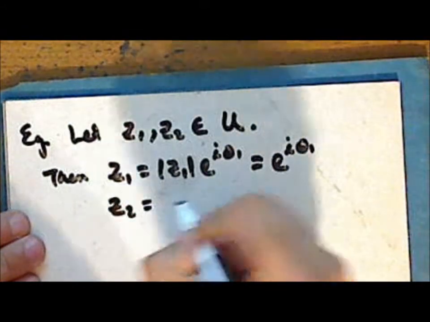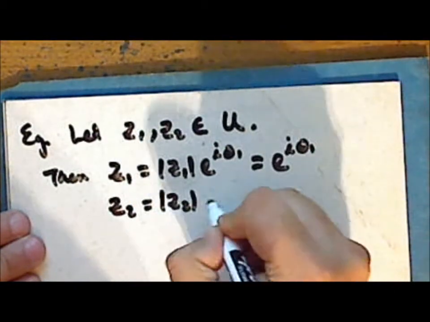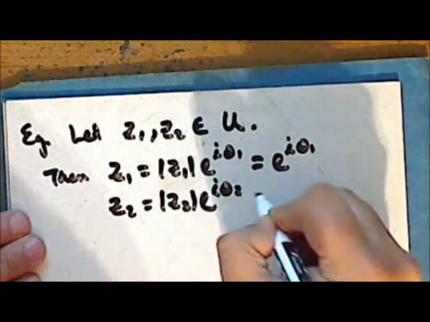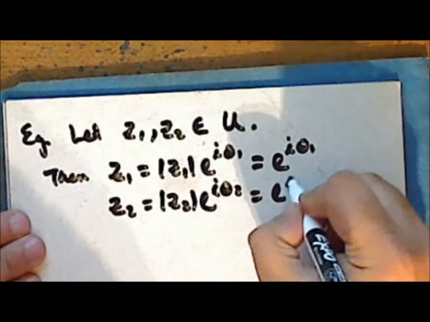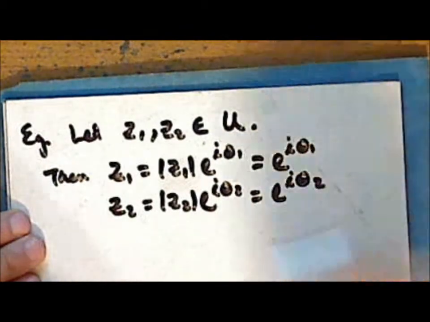And Z2 is equal to e to the power of i times theta 2.